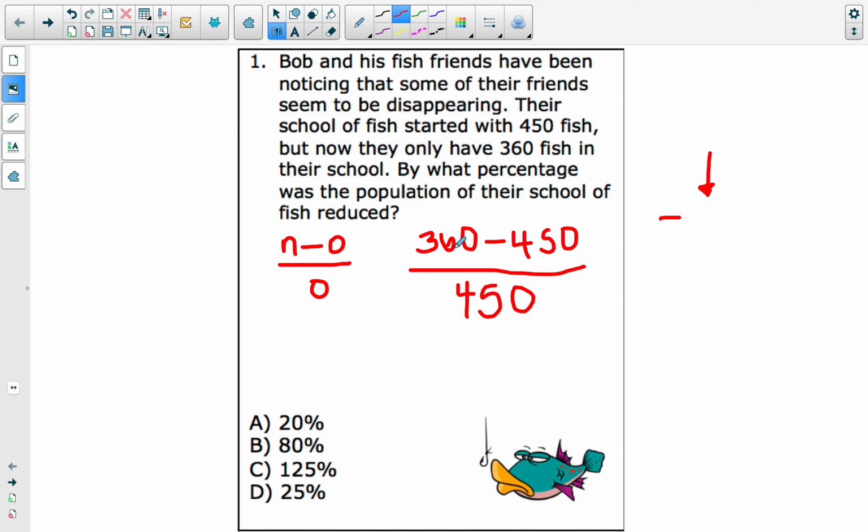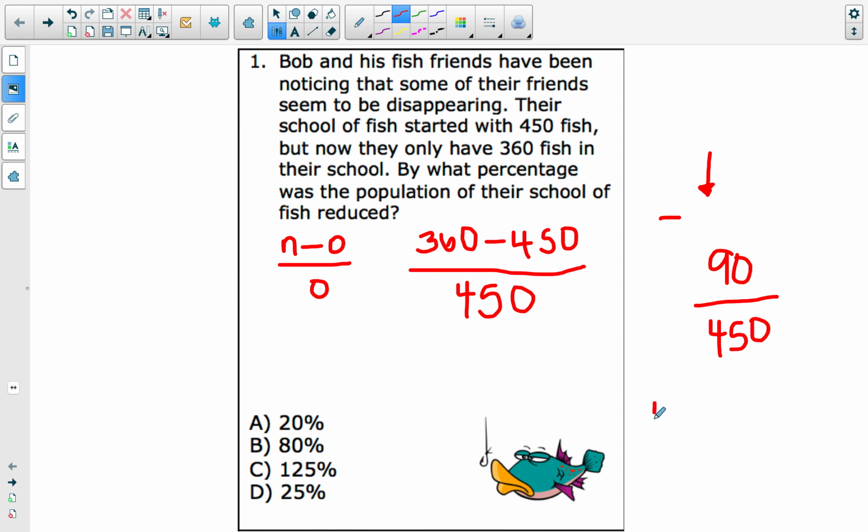If you do 360 subtract 450, you're going to be left with 90. So we're going to have 90 left over out of the 450. So that's our change in numbers. So we have negative 90, but we're not going to worry about that for right now.